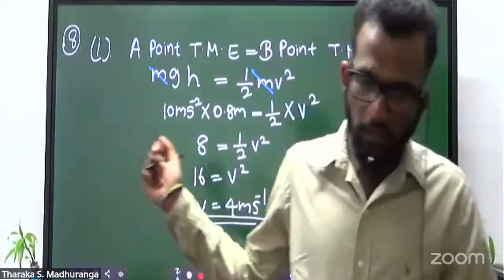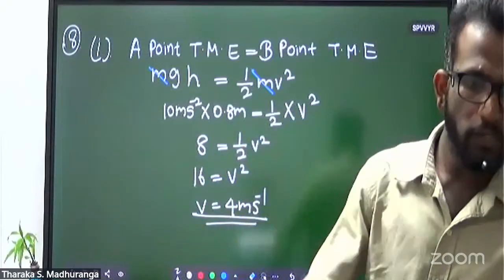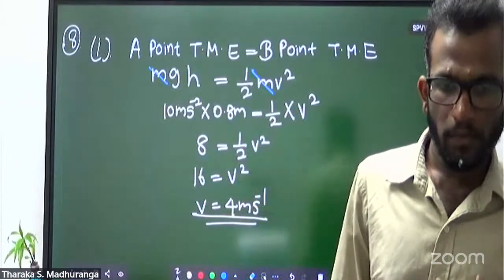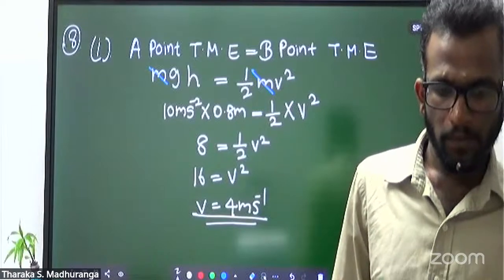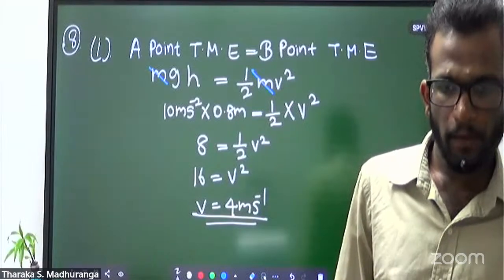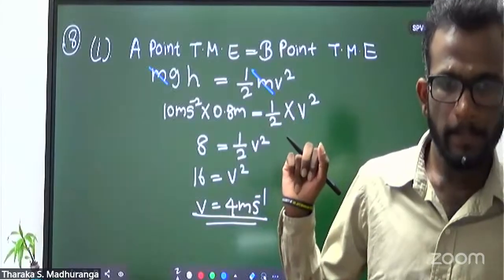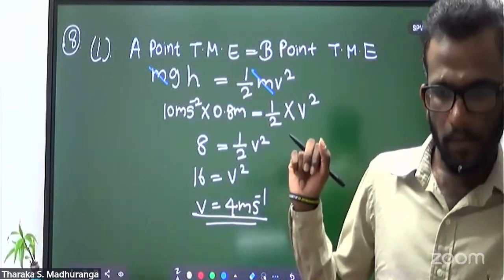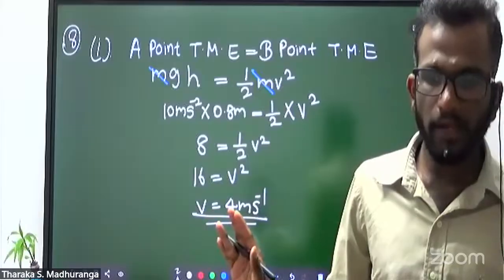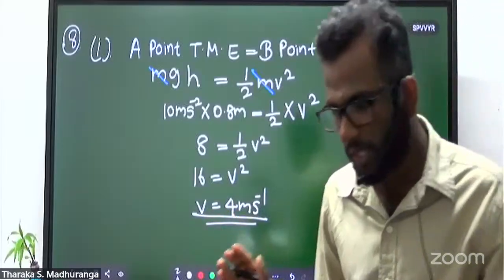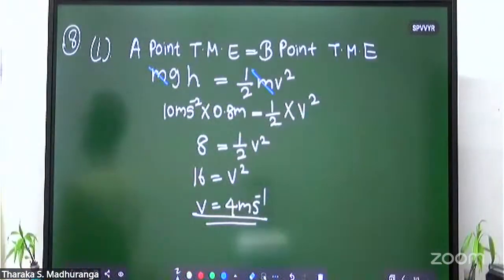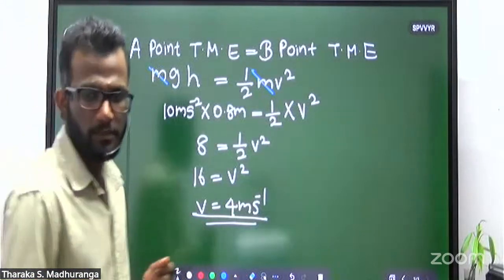Who got this answer before me in the homework question? Who got this answer? Raise hand. If you got that, perfect, because they are the maximum level questions we are doing from the work energy lesson.